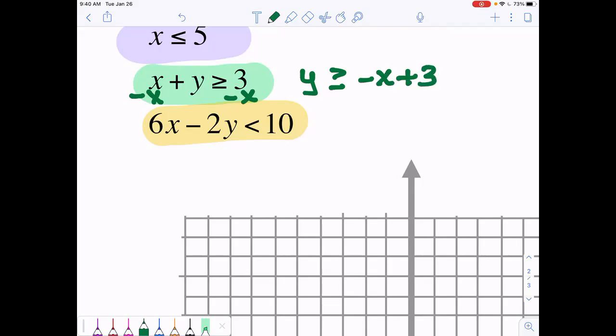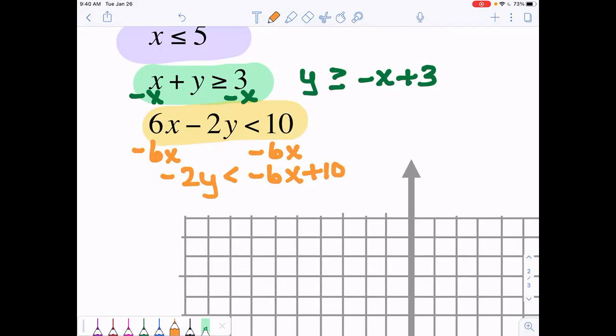So that's the new second inequality, just by taking the x to the other side. And then the third one, again, I take the x to the other side. So negative 2y less than negative 6x plus 10.